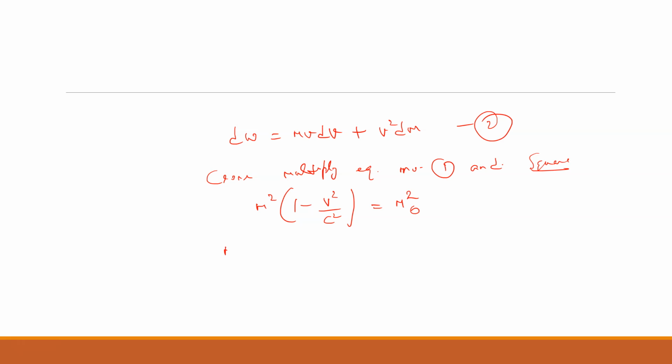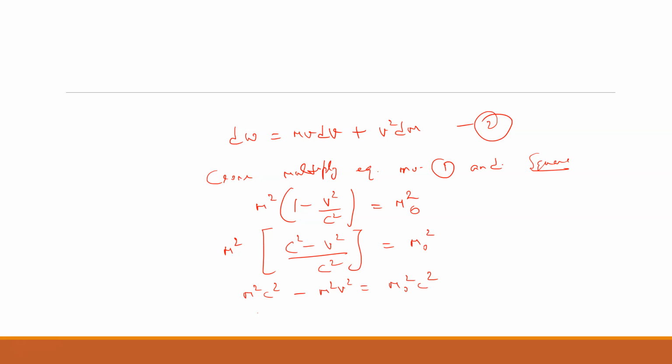Or this equation will become m square c square minus m square v square equals m naught square c square.